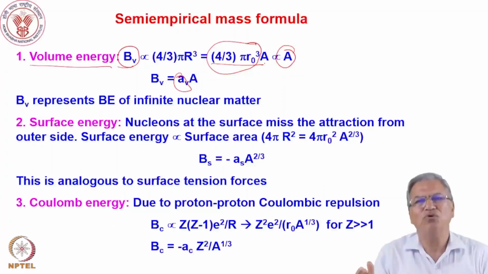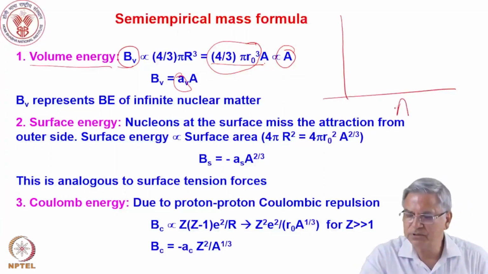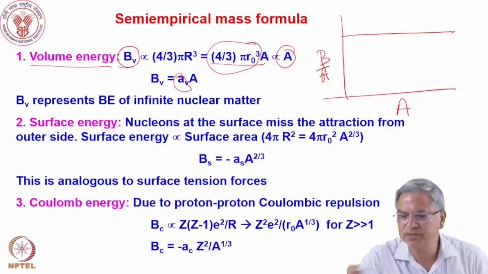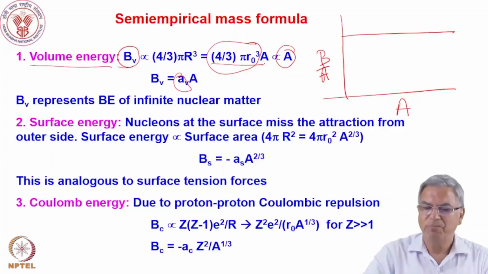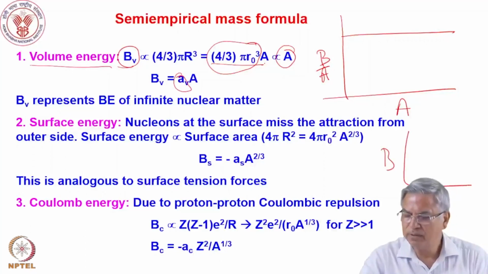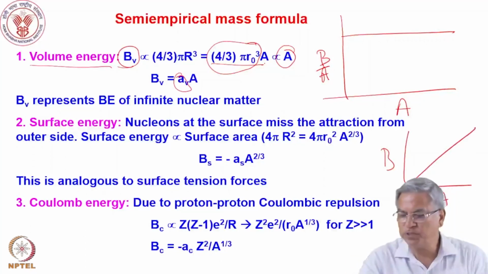If there were no boundaries of the nuclear matter, then the binding energy per nucleon is constant, and we can say that it should be constant. But if you plot the binding energy, it should be a straight line, because the slope is nothing but av.